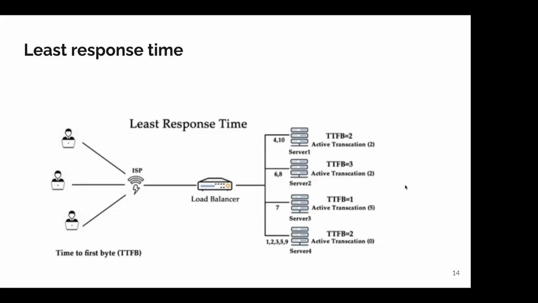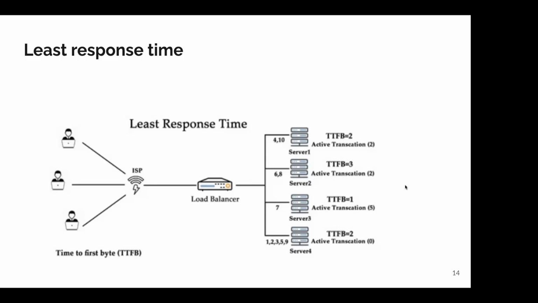Now since it has become 3 and this is also 3, the next request would be going to server 4. Now you have TTFB as 2 and active transaction has grown to 3 in server 1 and server 4. Now the sixth request would go to server 2. Yeah, now you got the idea, right?